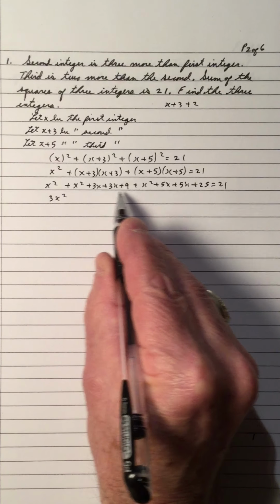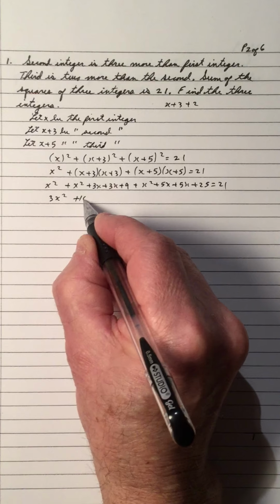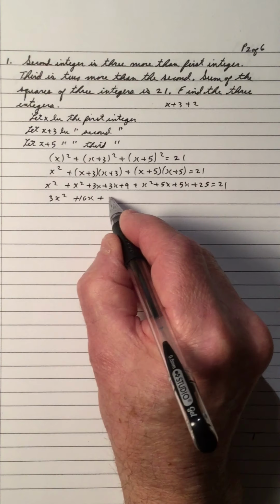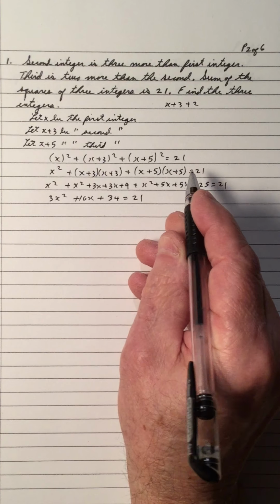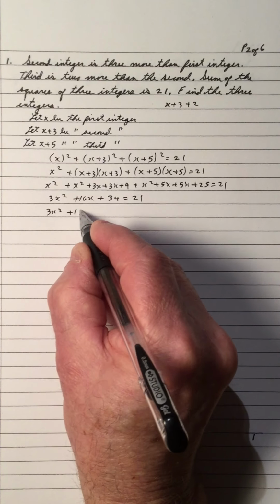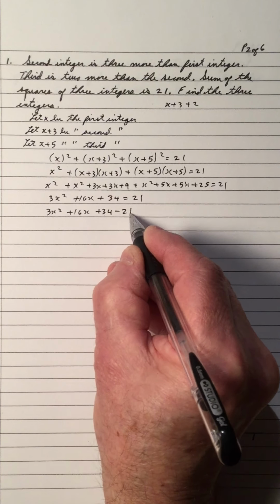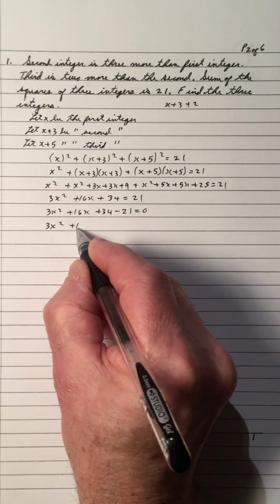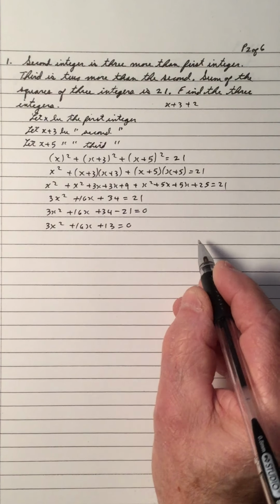X's, I got 6 and 10 is 16, 16x. And the numbers, 9 plus 25 is 34. So that makes 3x squared plus 16x plus 34 minus 21 equals 0. 3x squared plus 16x plus 13 equals 0.